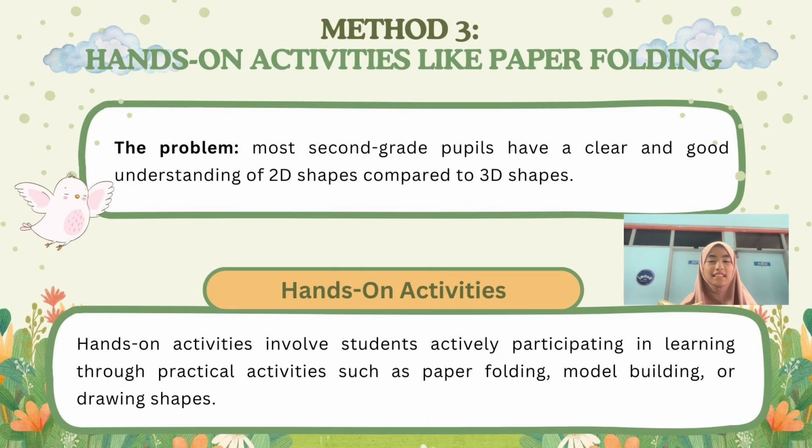Okay, so the next slide is method 3, which is hands-on activities like paper folding. The problem in this issue is identifying 2D and 3D shapes, which means pupils find it difficult to differentiate and understand the relationship between 2D and 3D shapes.